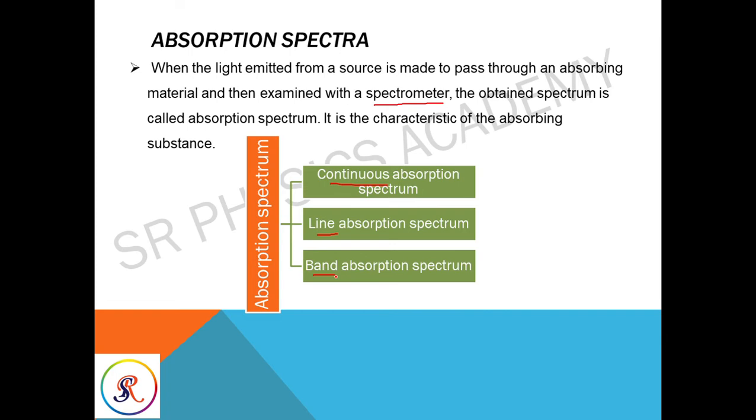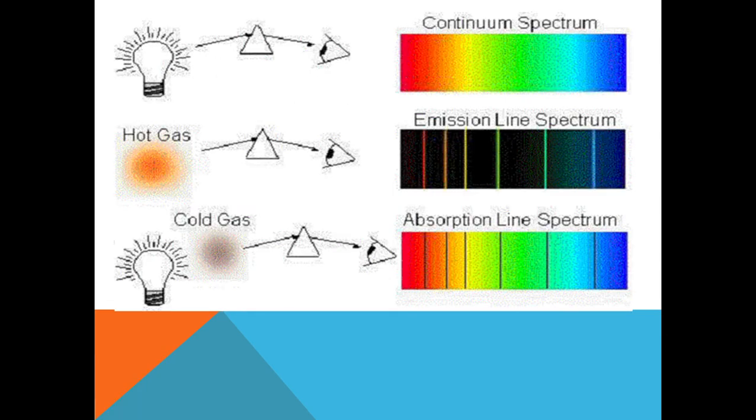In the absorption spectrum, each spectral line is at a particular wavelength. In this spectrum, each spectral line corresponds to one particular transition between energy levels. The absorption lines occur when the electron jumps from lower energy to higher energy.